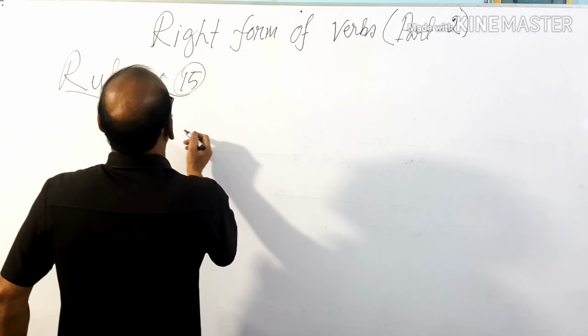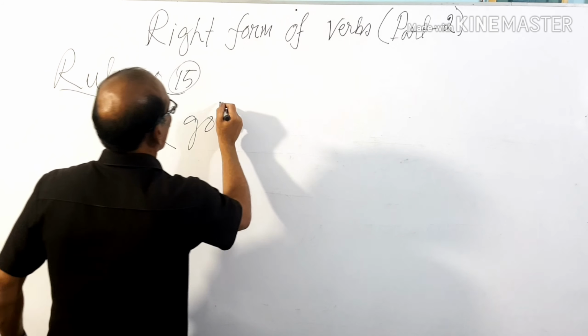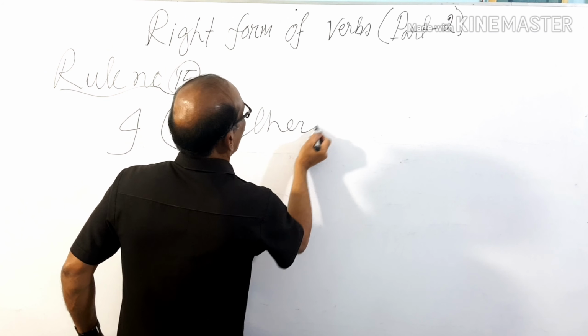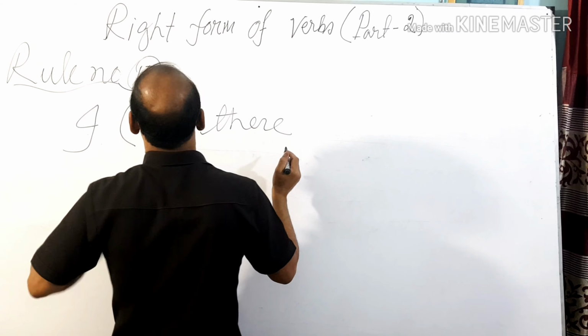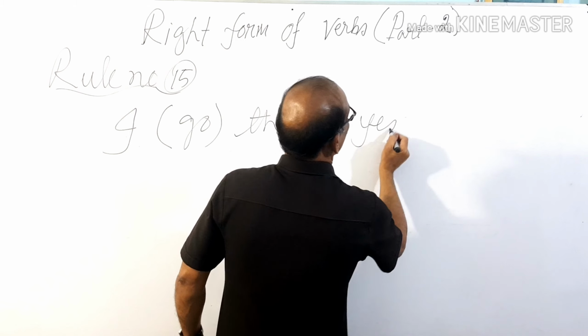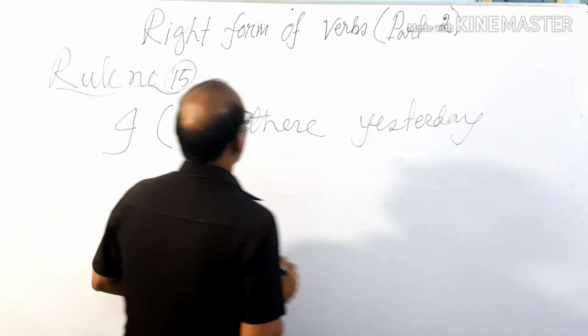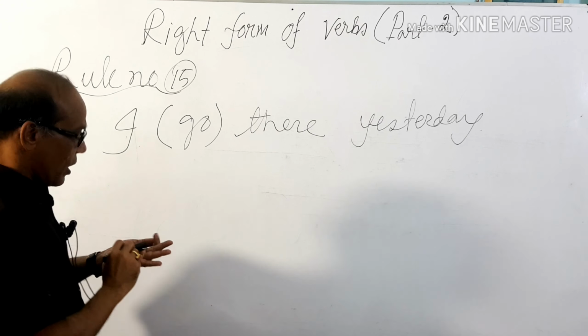Suppose, I, within the bracket, go there. I go there yesterday. It will be used in past indefinite tense.